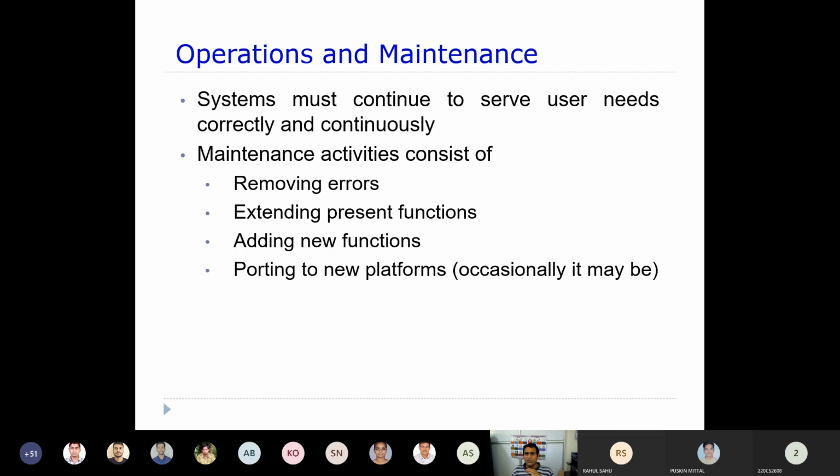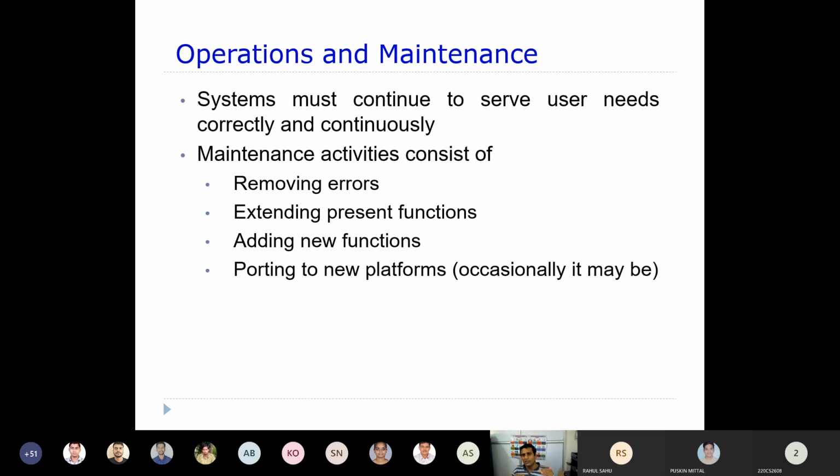Okay, now the operations and maintenance phase. This is the last, final phase. During this phase we see whether the system we installed is exactly serving the user's need correctly, or whether it is not solving the user's problem, if at all.